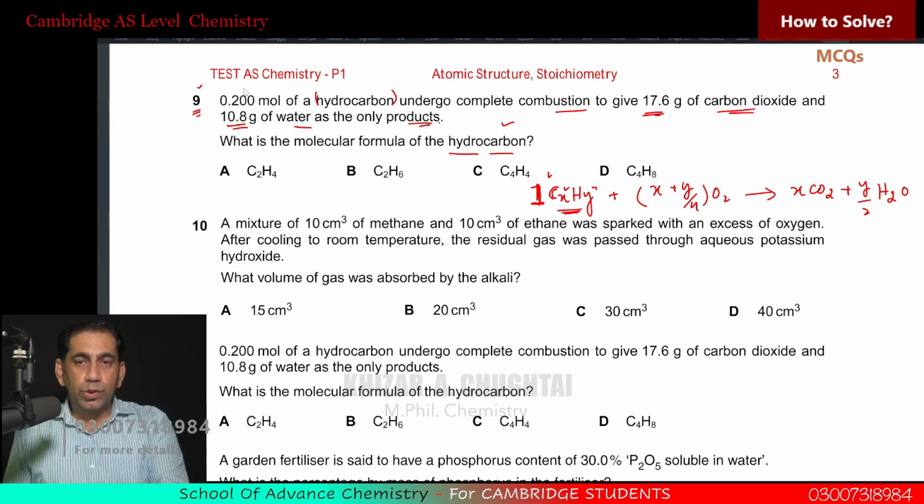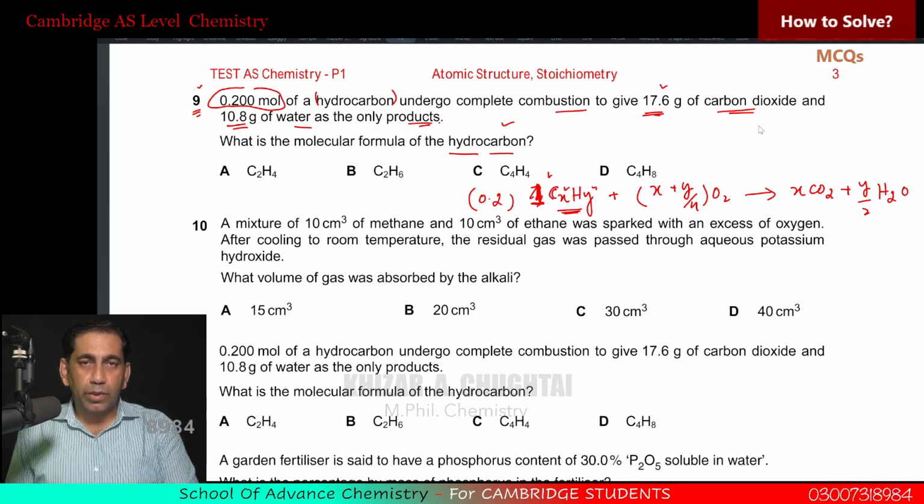So you know 0.2 mole of hydrocarbon is given, and 17.6 grams of carbon dioxide is formed. So I can convert this mass of CO2 into moles.